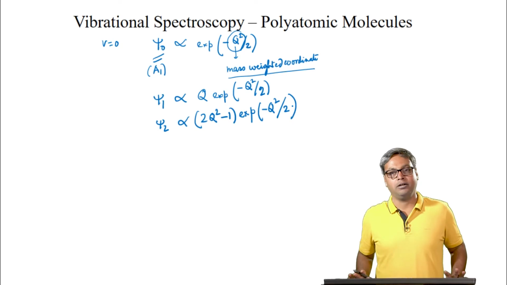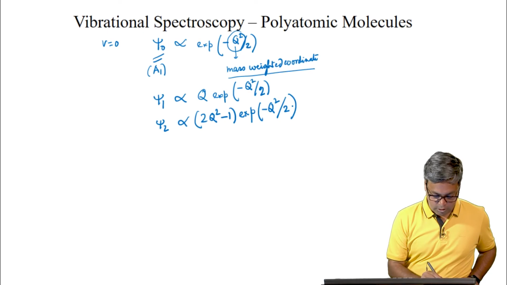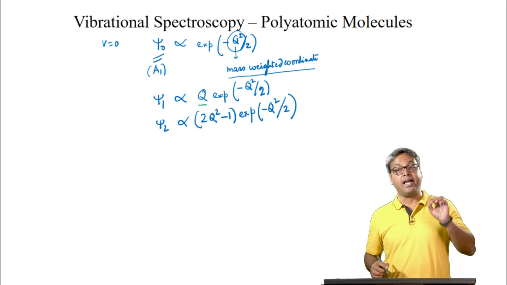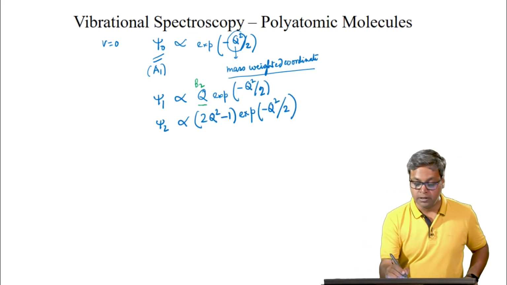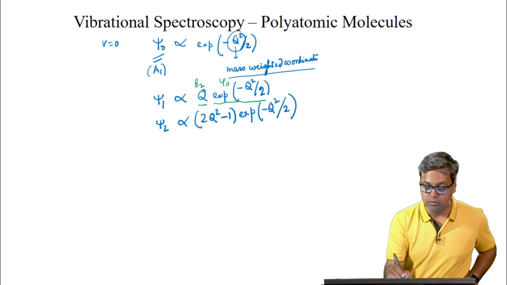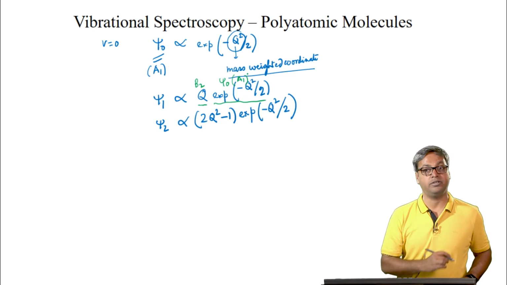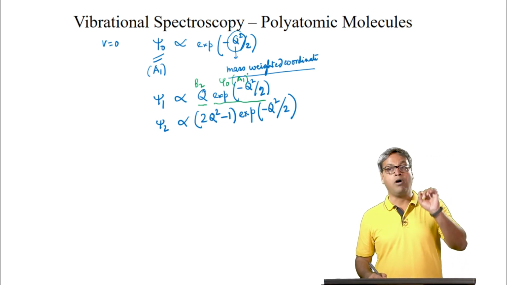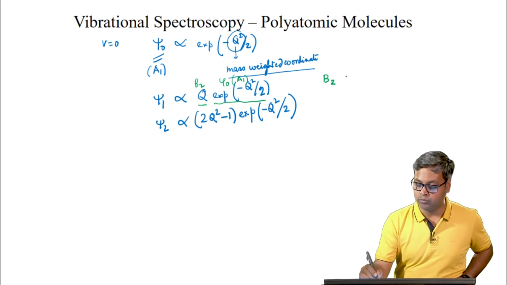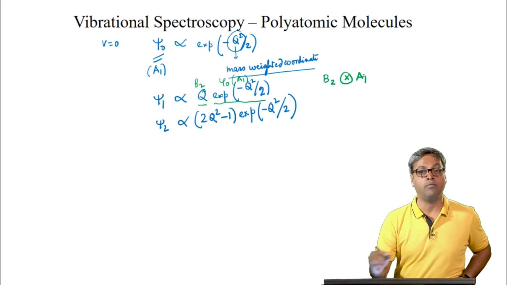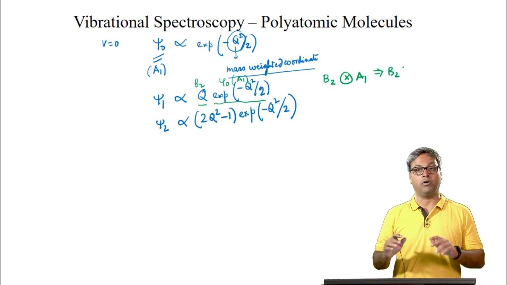Thus, psi 1 is the product of q, which has B2 symmetry, and psi 0, which has A1 symmetry. Thus, psi 1 for the asymmetric stretch has B2 times A1, that is B2 symmetry overall.